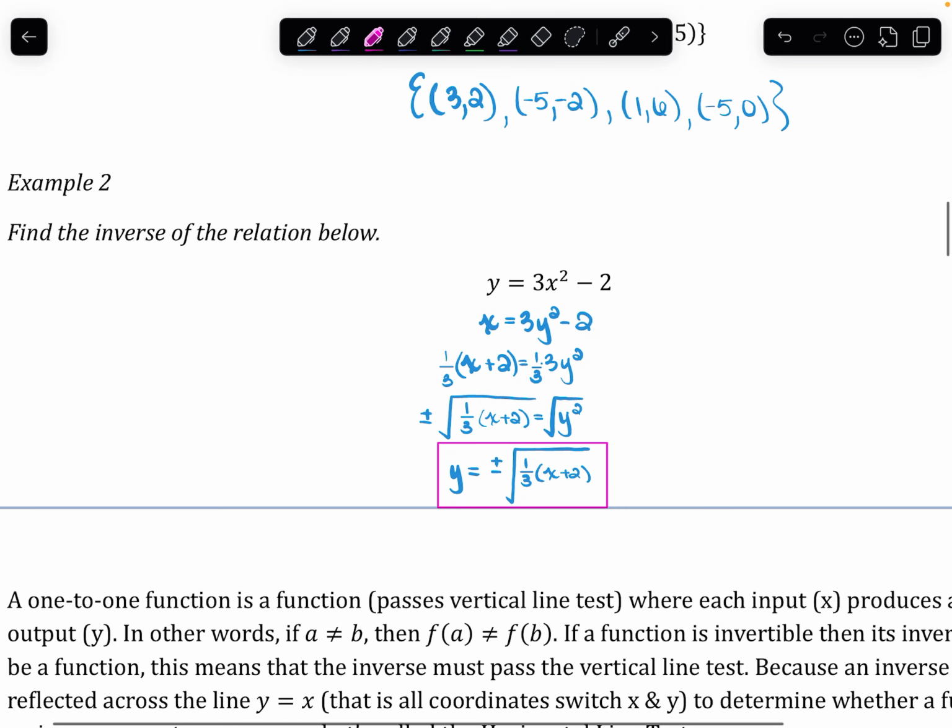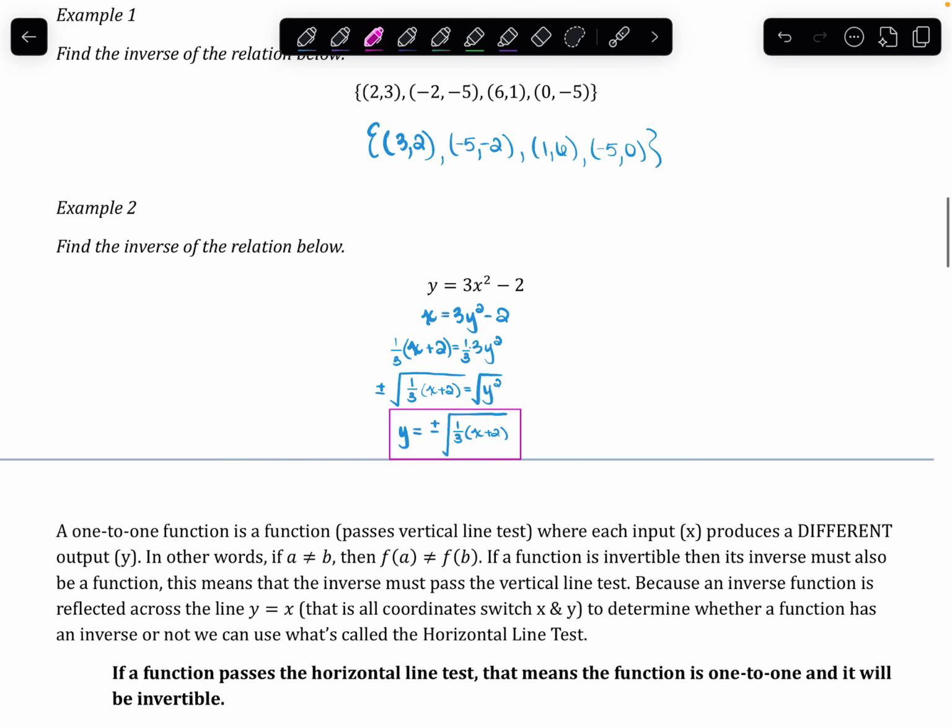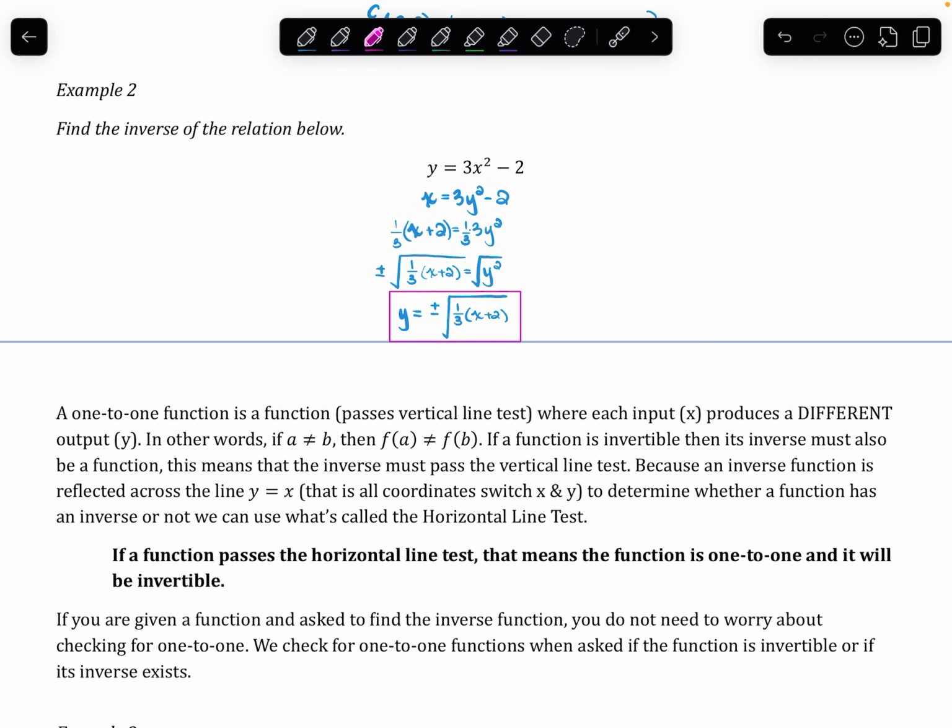All right, we've discussed before that in order to be a function, you have to pass the vertical line test. By switching the x and y values to create an inverse, a function is going to be one-to-one if, when it's reflected, it passes the vertical line test as an inverse.